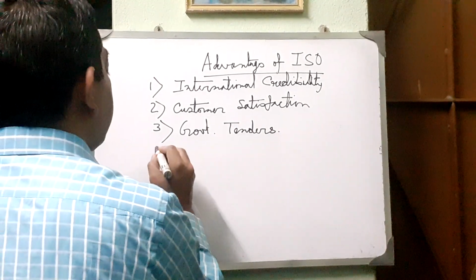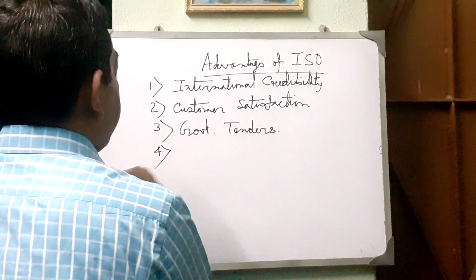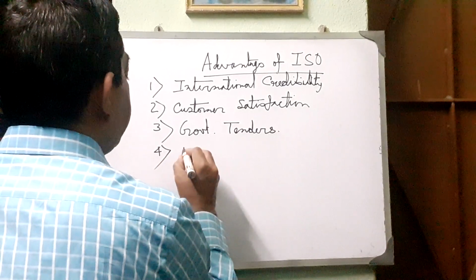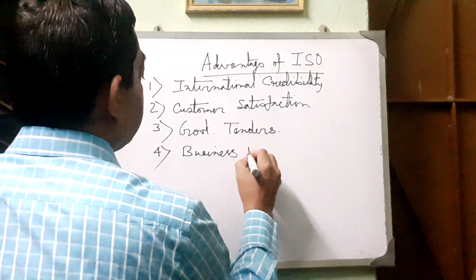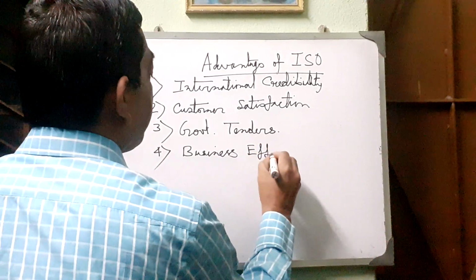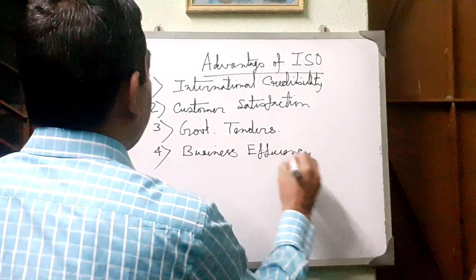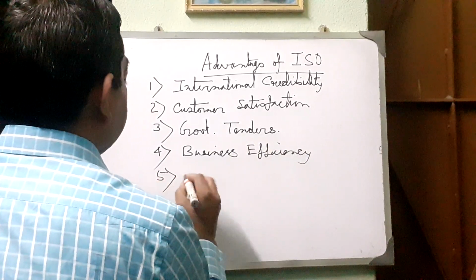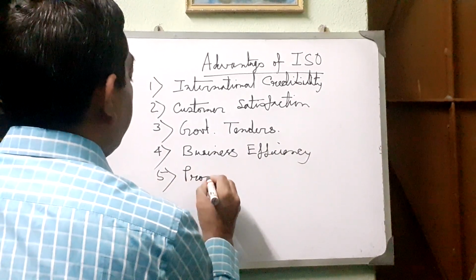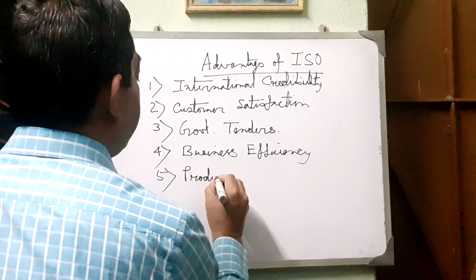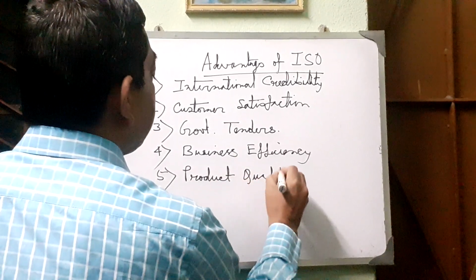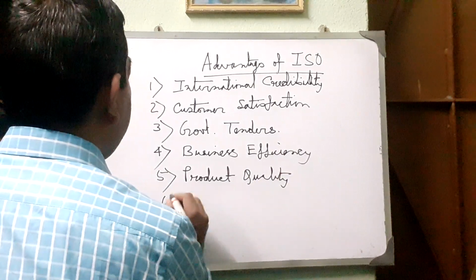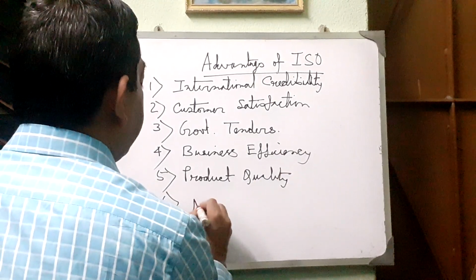The fourth is business efficiency. The fifth is that product quality can be improved by implementing ISO. The sixth is marketability.